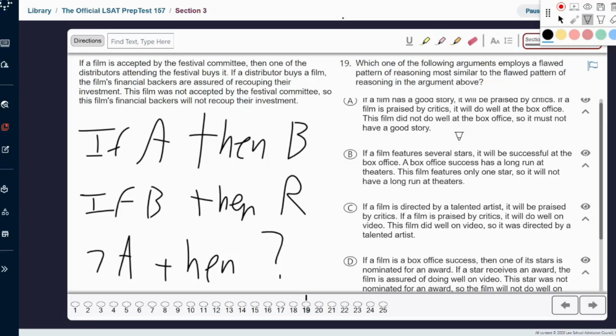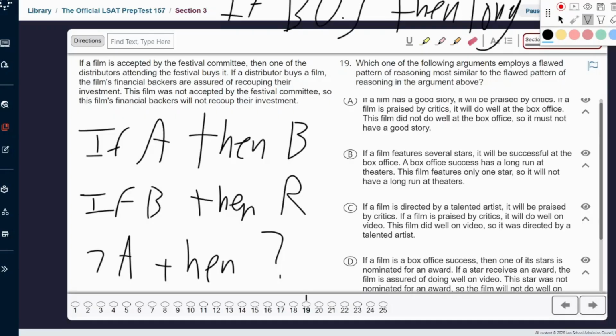Notice how this isn't exactly in the if-then format, but it kind of is. It's just saying if it's a box office success, so I'll put BOS, then it will have a long run at theaters, I'll put long. It's just not giving it to you exactly in that format, but don't let that dissuade you. It's the same idea: a box office success will have a long run at theaters.